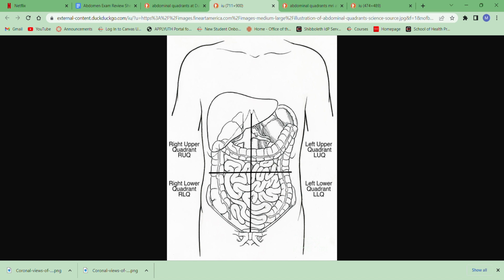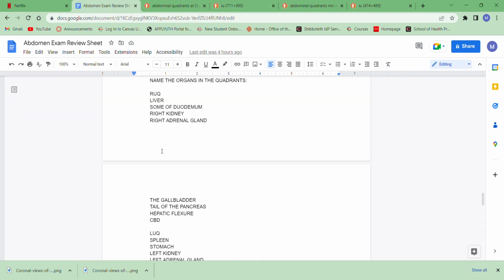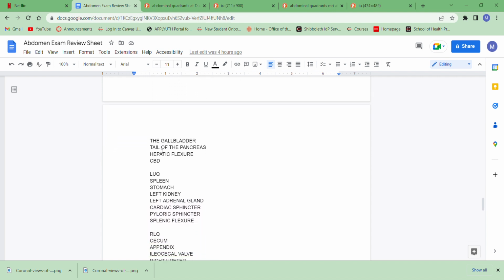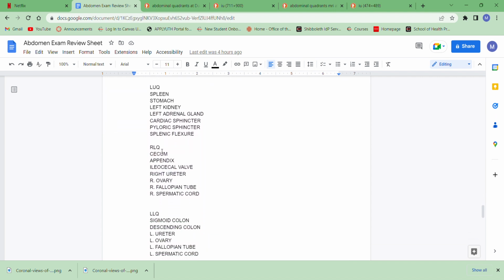Okay. And then, what did I have listed next? Right lower quadrant. Wait, sorry, right upper quadrant. Sorry, left upper quadrant. Left upper quadrant is going to have the spleen, stomach, left kidney, and the left adrenal gland, which sits on top of the kidney.